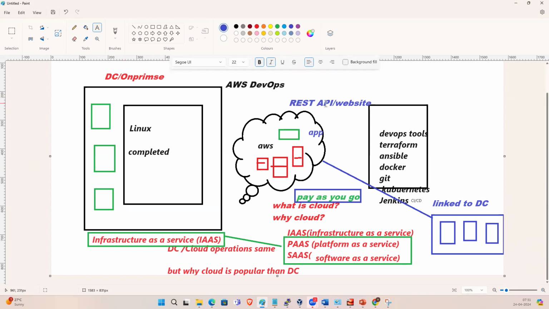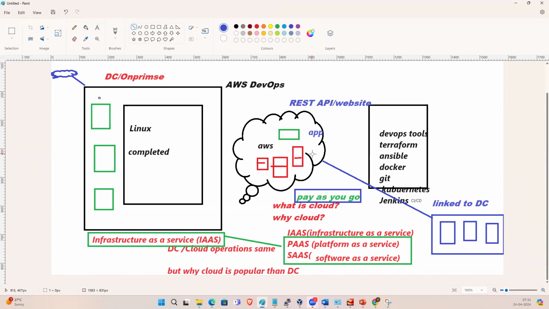This is also one of the big advantages. In the DC environment, in the infrastructure, they were not thinking about this. If you create any application for the infrastructure as a service, we can link it to the data center.